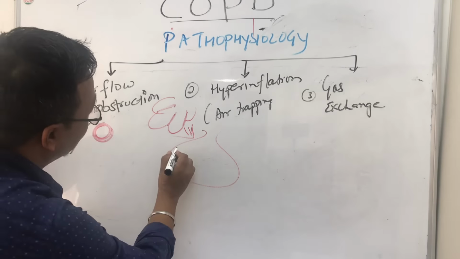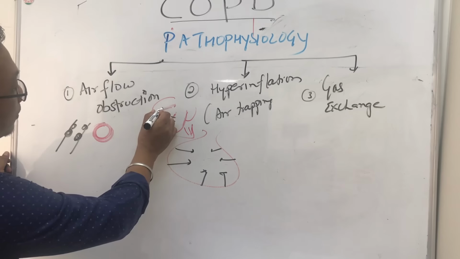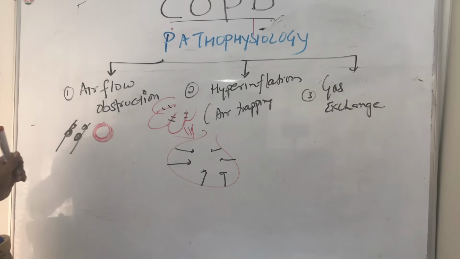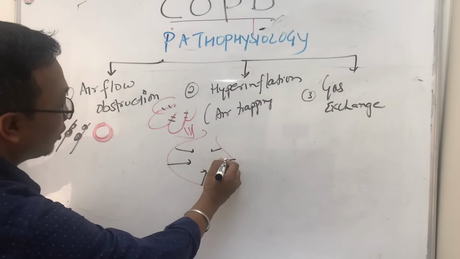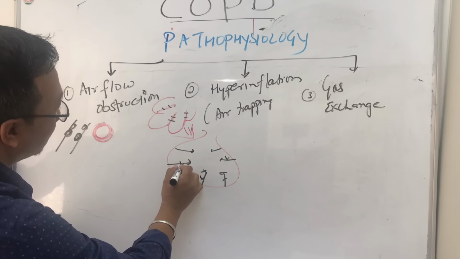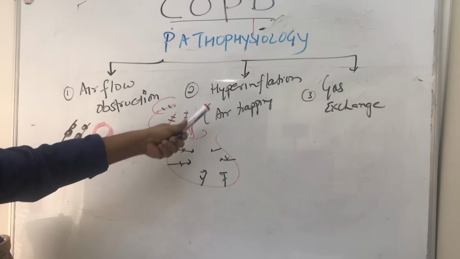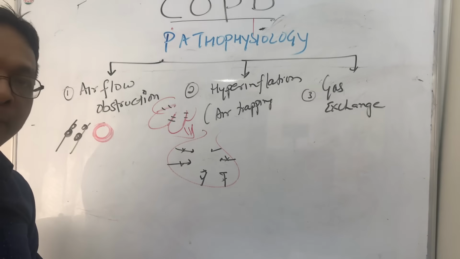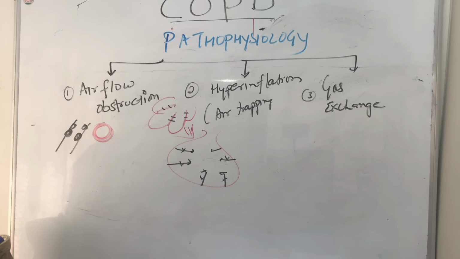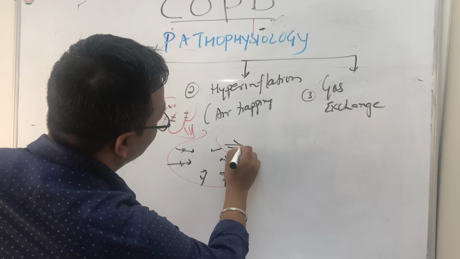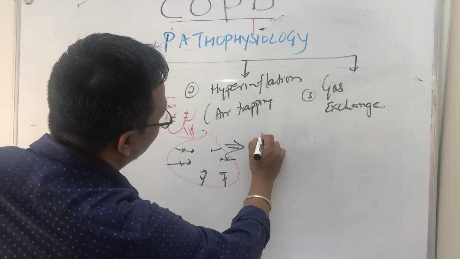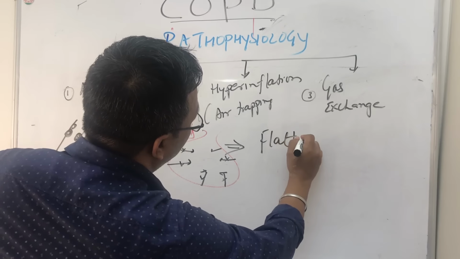The recoiling capacity is lost because of loss of elastin and destruction or perforation of the alveolar septums, and they become one alveolus which cannot recoil. As a result, there is hyperinflation, or what we call barrel-shaped chest, which is an important thing in X-ray, and it can also cause flattening of the diaphragm.